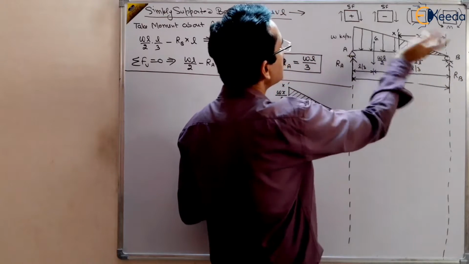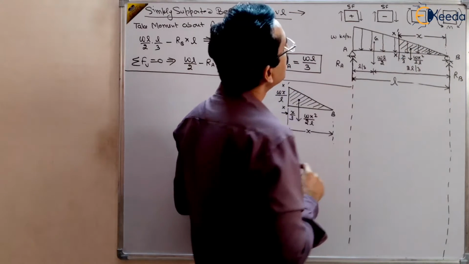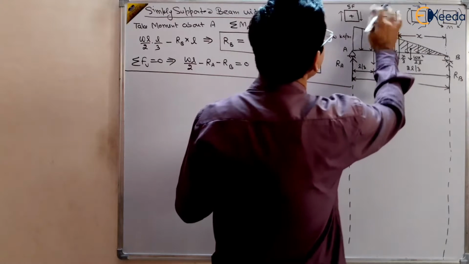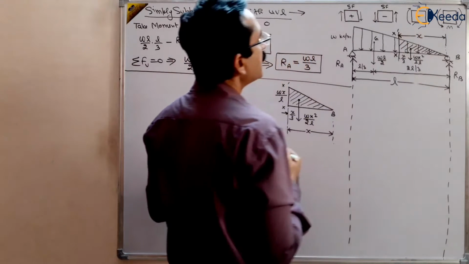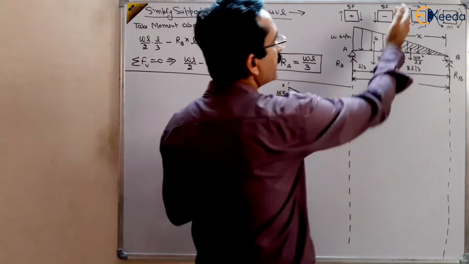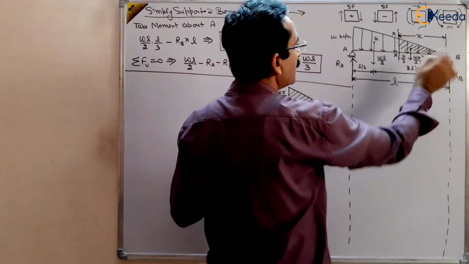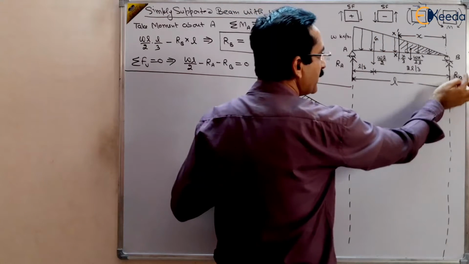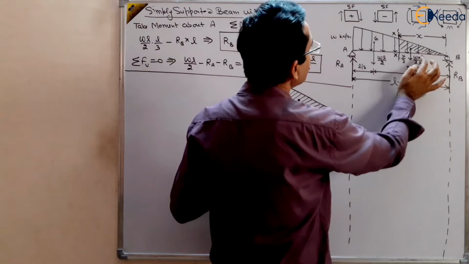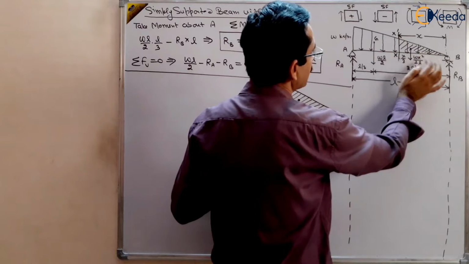So in upward direction on the right side, the shear force is negative, and in downward direction on the right side the force is positive. So RB will be taken as negative and Wx square by 2L will be taken as positive, right?